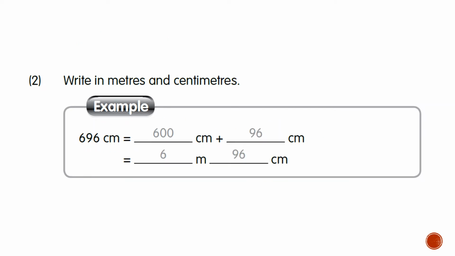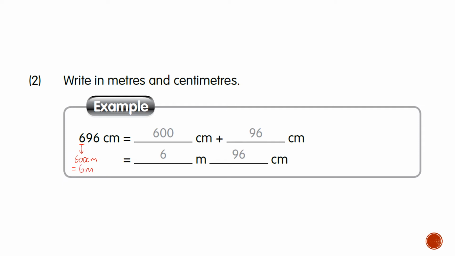Now, write in meters and centimeters. Again, over here, there are 3 digits: hundreds place, tens place, and ones place. Just remember that 100 cm equals 1 meter. So this value over here is 600 cm. This equals 6 meters.